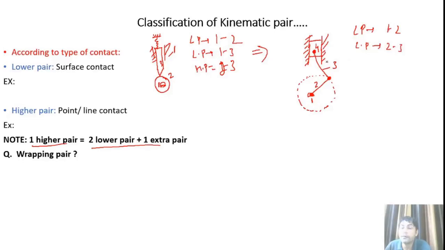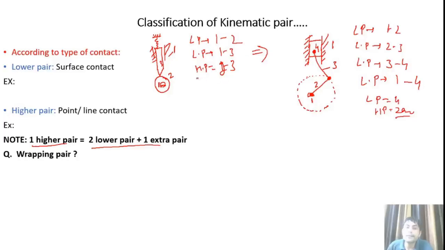Now between link 3 and 4 there is also a lower pair because turning takes place, and between link 1 and 4 sliding takes place, so there is also a lower pair. Now count: there are a total of 4 lower pairs, 1, 2, 3 and 4, and there is no higher pair. So lower pair is 4, higher pair is 0.